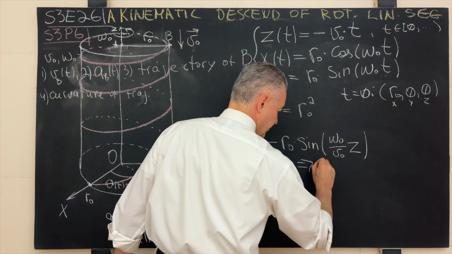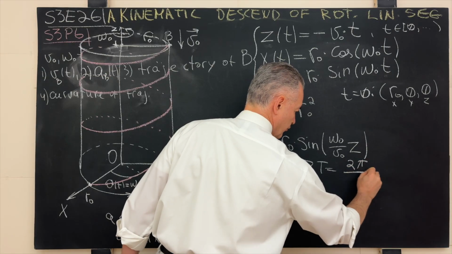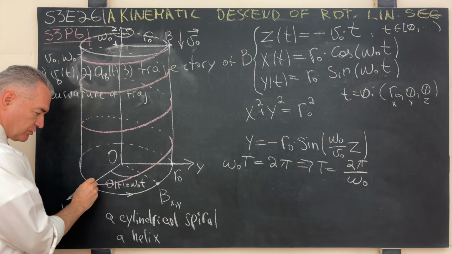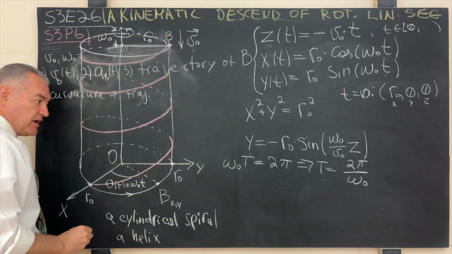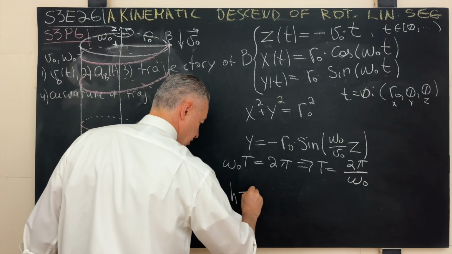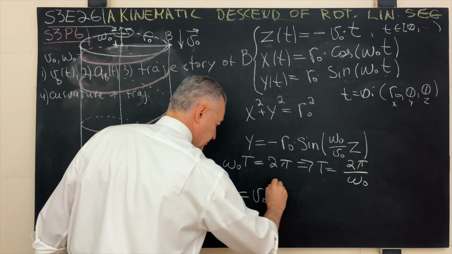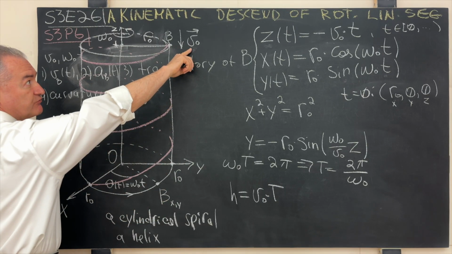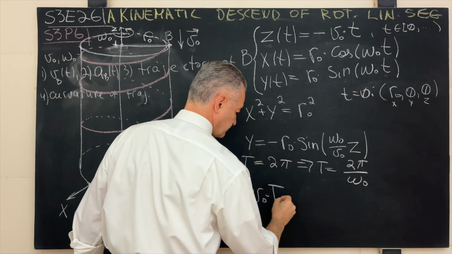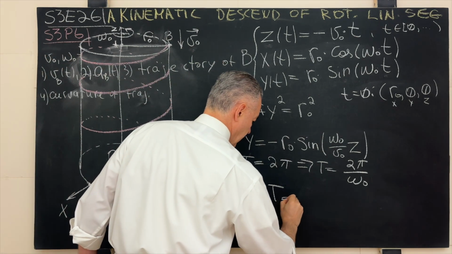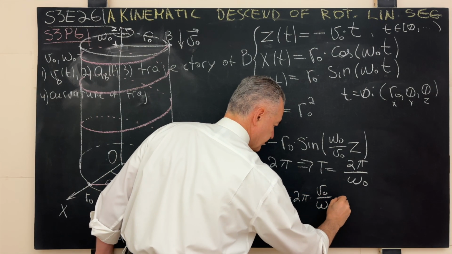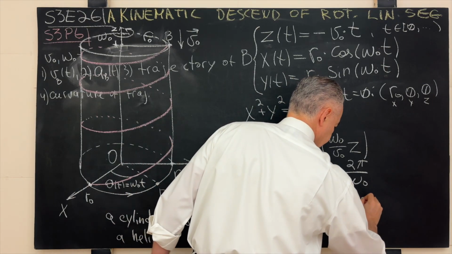From here it follows that for this period we will have evidently 2 pi over omega 0, but during that time our point will either descend or climb the height, let's say, or the vertical displacement, let's call it h, which will be v0 times t, since the vertical translation is uniform and unfolds at the rate of v0 units per unit of time. And that will be what? 2 pi times v0 over omega 0. And this is a constant.